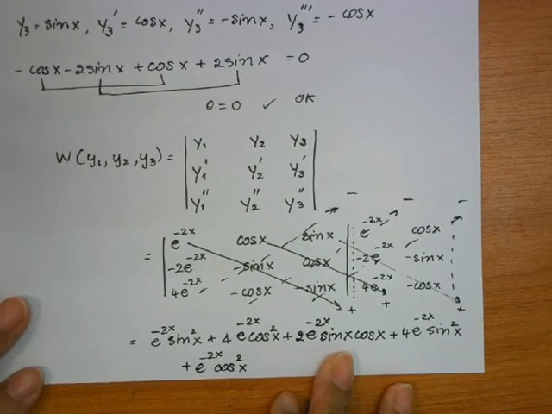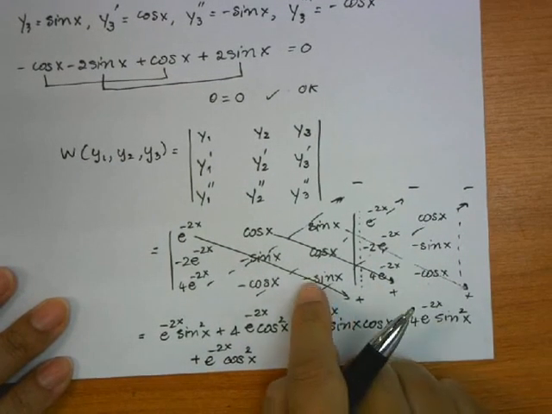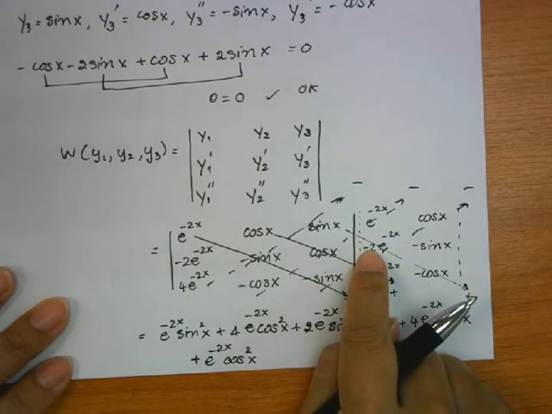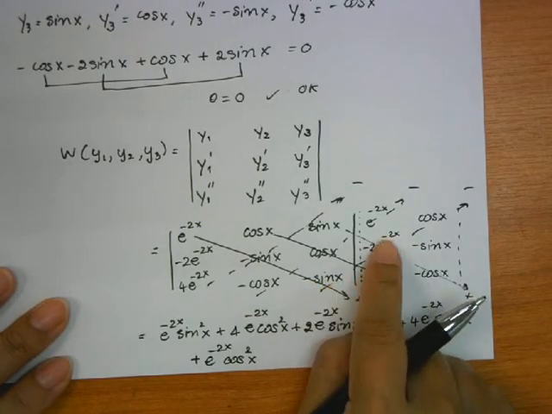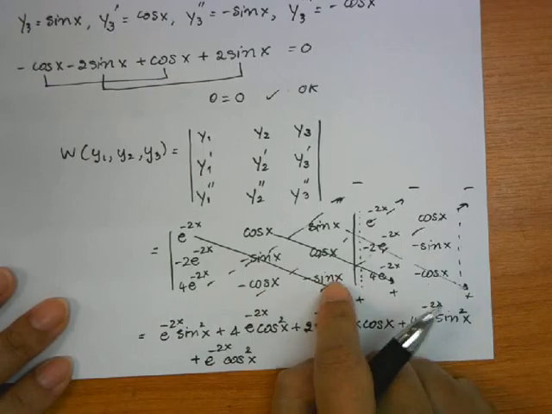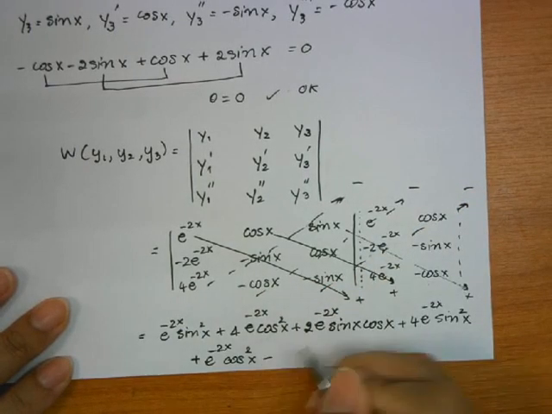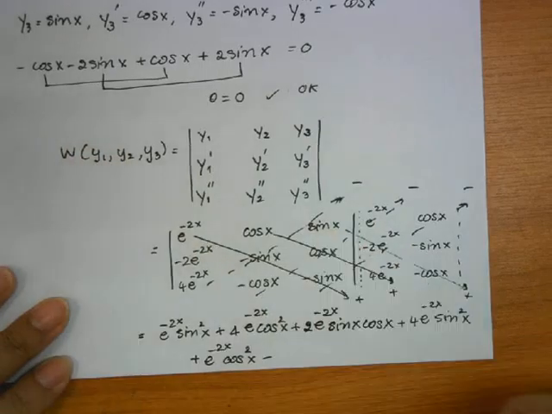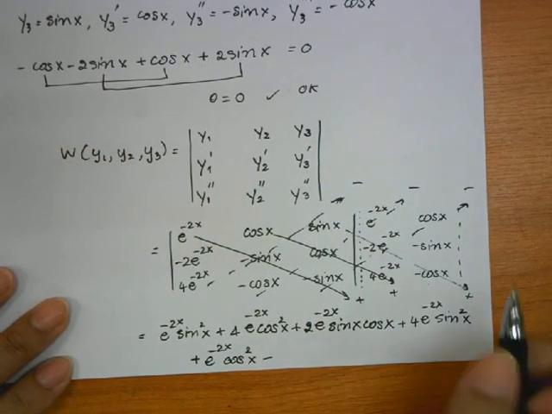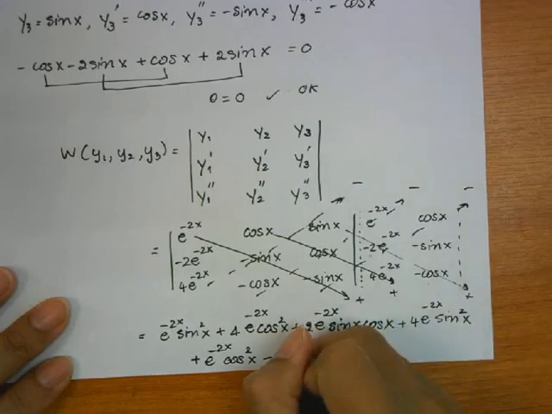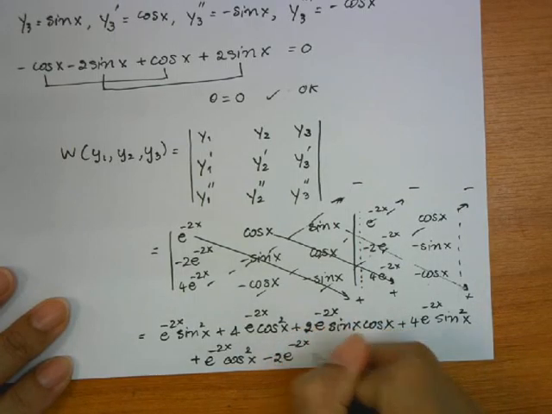And the last term, minus is plus. So you got 2 exponential of minus 2x sin x cos x, but you got negative here, so you got minus 2 exponential of minus 2x cos x sin x.